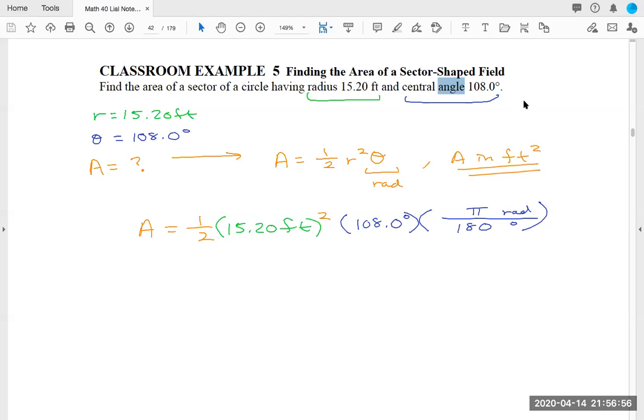So then your area, go ahead and plug it in. I'll kind of do this step by step for you guys. Let's just put the 1/2 down first. And then let's leave the radius part squared.